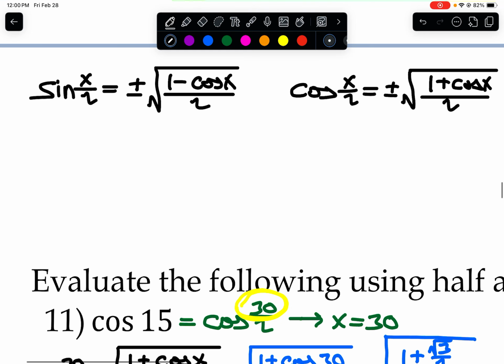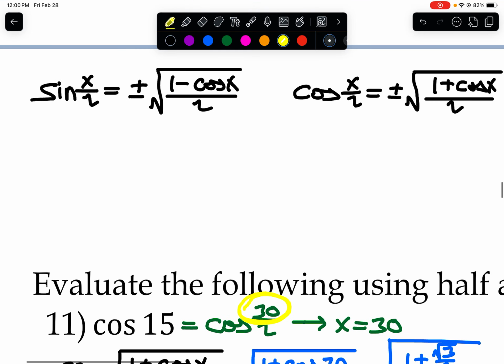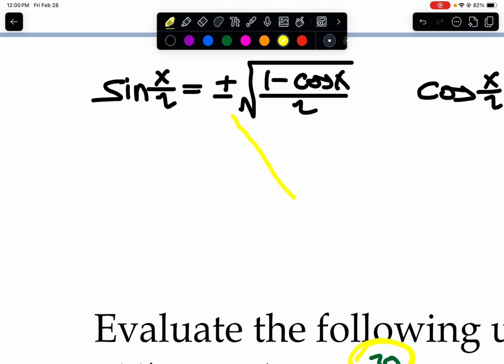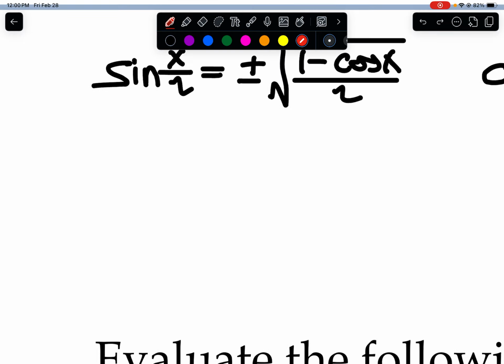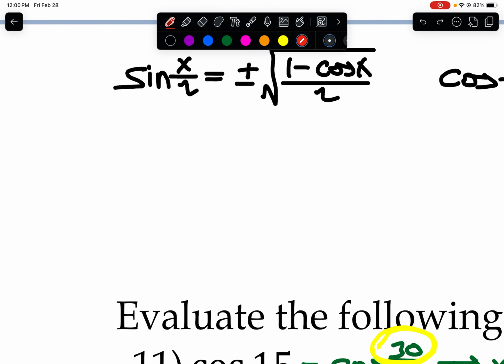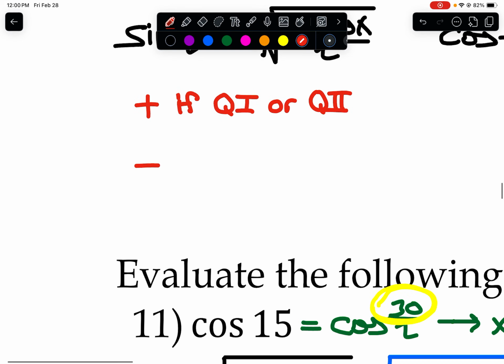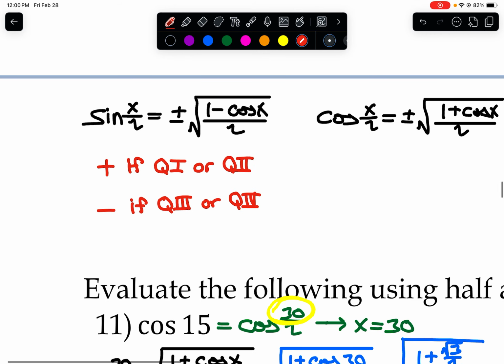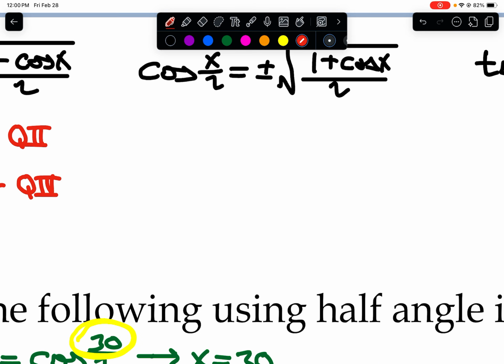Now, a little backtrack over here. You see this plus and minus. This plus and minus refers to the quadrant you're working in. So for sine, you're going to be positive if you're in quadrant 1 or quadrant 2, because that's where sine is positive. It's going to be negative if you're working in quadrant 3 or quadrant 4. So you just need to know when to add that negative if you need it. And then same idea for cosine.